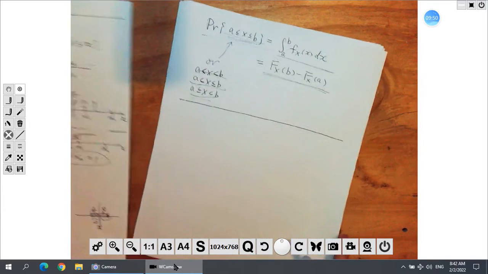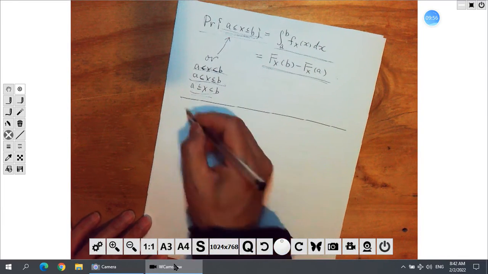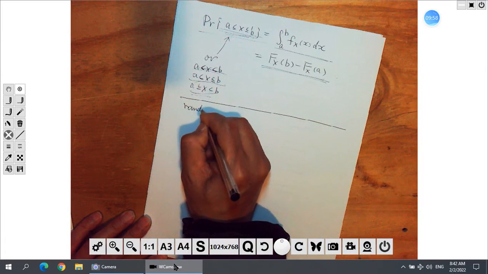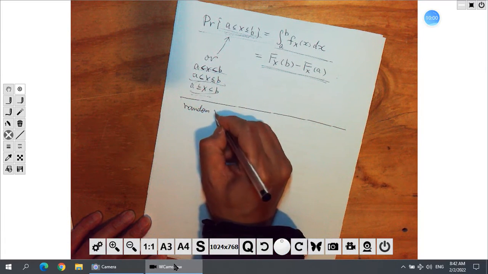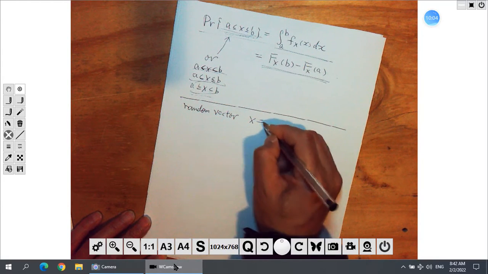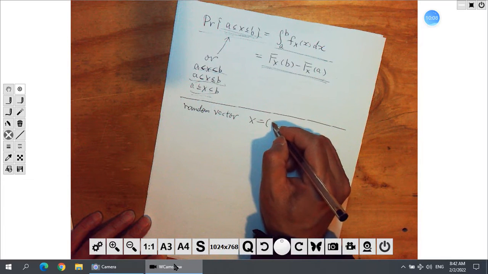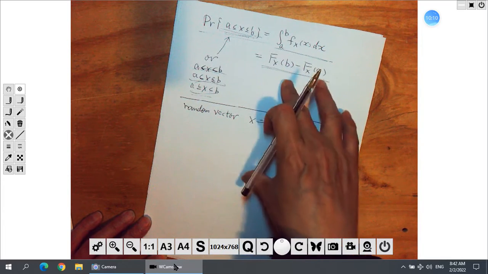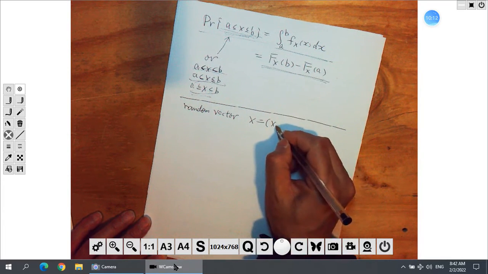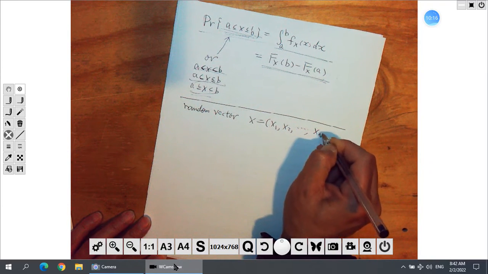And then we consider several random variables. We consider a random vector X equal to, I write it as a row vector because the column vector needs more space, X1, X2 to Xn.